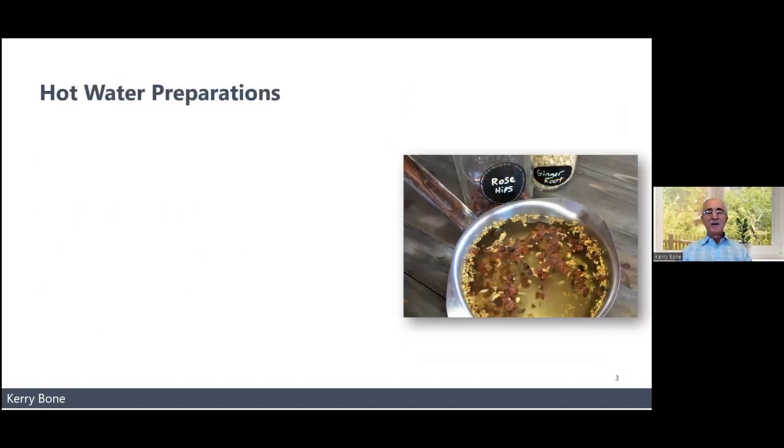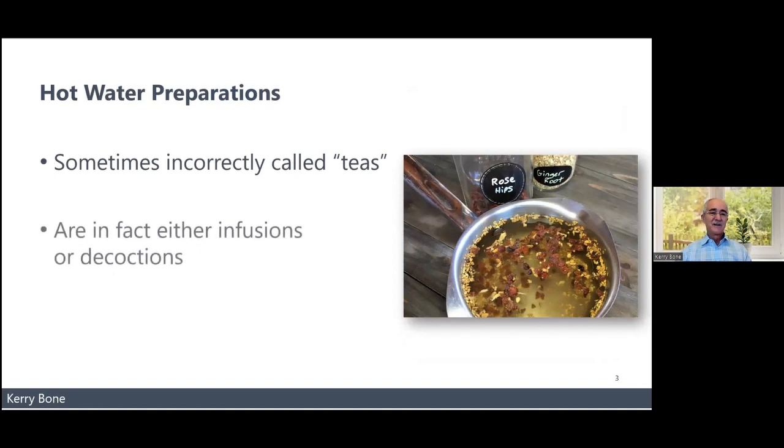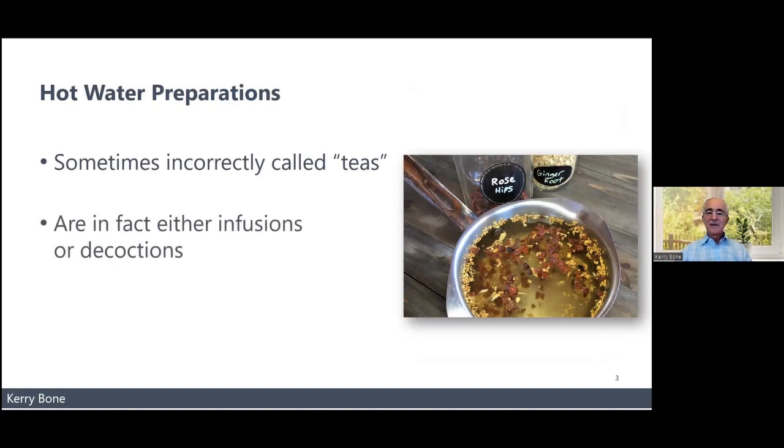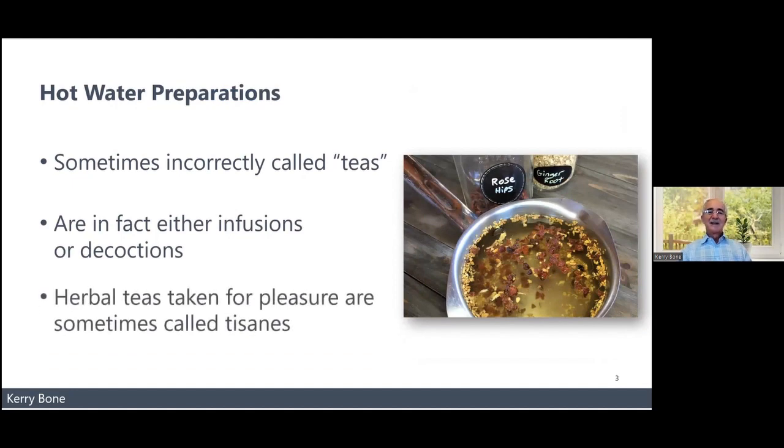So let's begin by looking at hot water preparations. As mentioned, they're incorrectly called teas. So what's the difference? Well, they're infusions or decoctions, and they're made in a specific way, as opposed to a herbal tea taken for pleasure, which is sometimes called a tisane, that can be made in many variable ways.